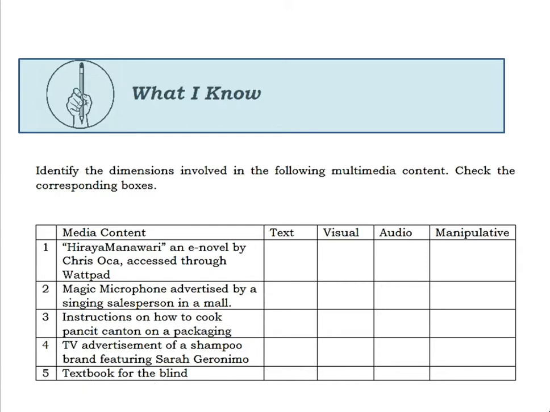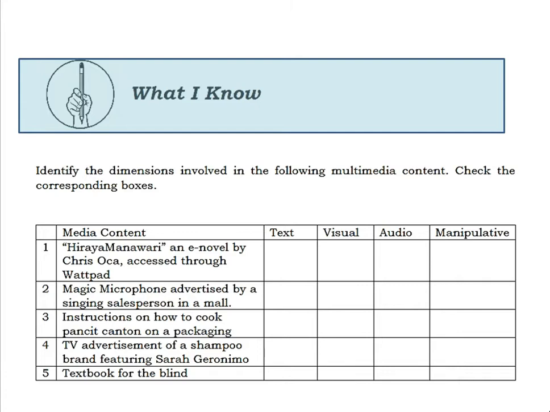And the last one is the textbook for the blind. Alam niyo yung blind, yung sa braille? Kinakapa nila, ma'am. Is it a text, visual, audio, or manipulative? Text pa rin siguro, ma'am. Parang sa akin, ma'am, manipulative.